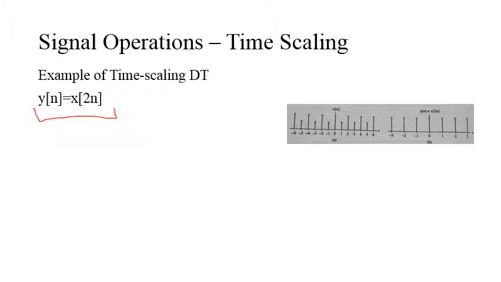Now if we look at this one, the original signal has non-zero values from n equals -6 up to n equals +6.